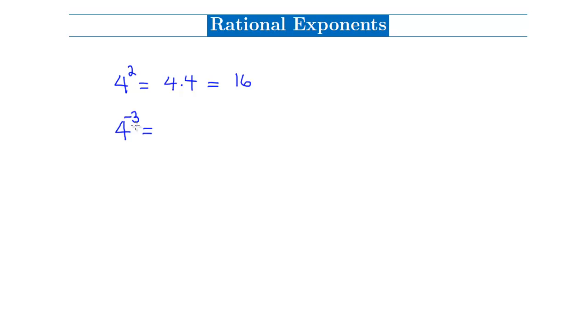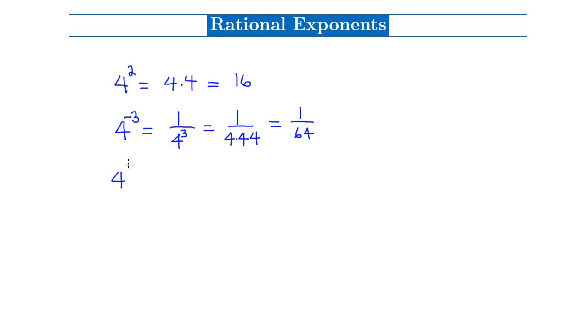So 4 to the negative 3 is simply 1 over 4 raised to the third power. And we know what 4 to the third power is. It's 3 factors of 4 being multiplied. And so 4 to the negative 3 is equivalent to 1 over 64.